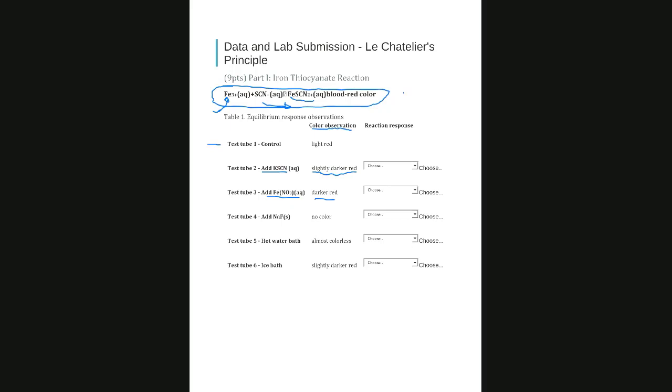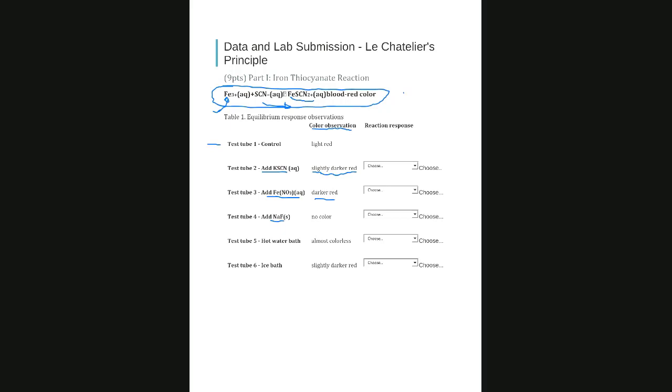Now let's look at tube number 4. They say we add sodium fluoride. We look at the reaction and ask, where is the sodium fluoride? We don't have that.